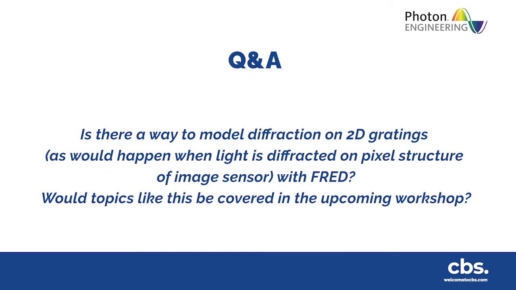Okay, a great question has just come in. Is there a way to model diffraction on a 2D grid, as what would happen when light is diffracted on a pixel structure of an imaging sensor? To model diffraction on a 2D grid, basically a 2D grating, and clarify if I'm misunderstanding the question, but grating structures are not explicitly modeled in FRED.